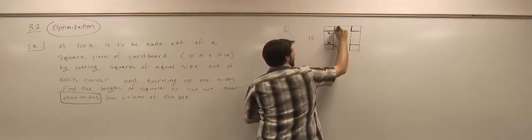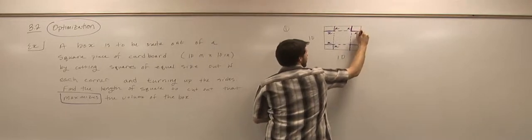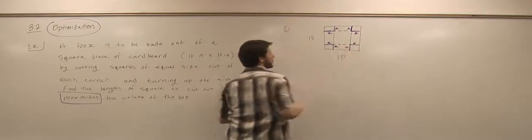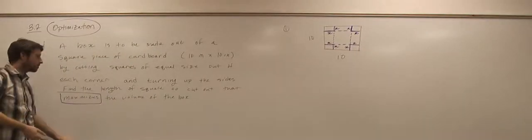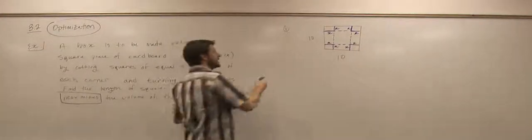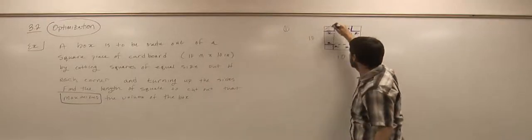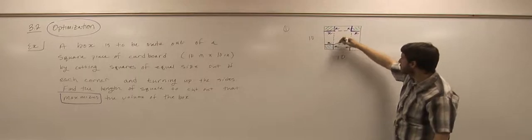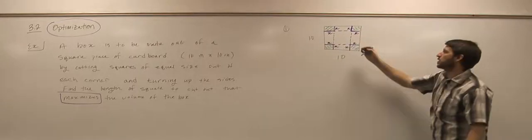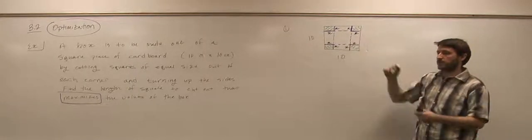All of these will be length x because it's a square of equal size. So the idea is we're going to get rid of this whole corner by cutting out this square, and get rid of this corner, and this corner, and this corner, and then fold up the leftover.